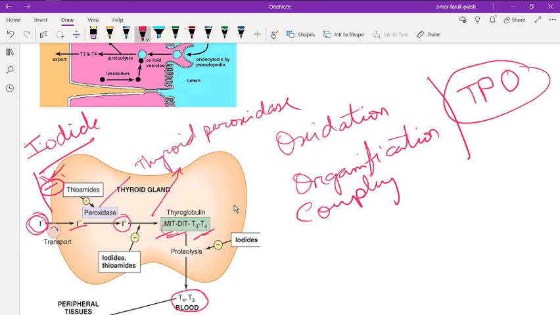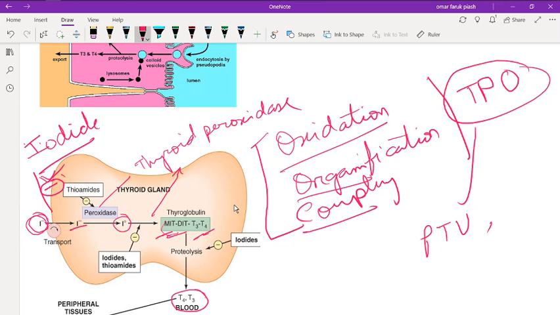And these three steps, oxidation, organification, coupling, have only one enzyme, and this enzyme can be blocked by PTU and methimazole, propylthiouracil and methimazole.